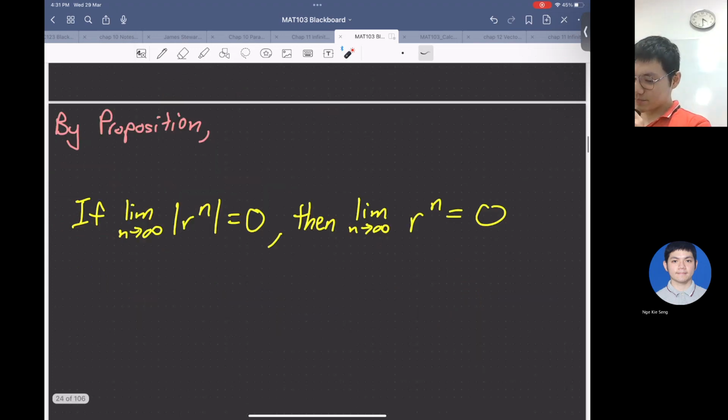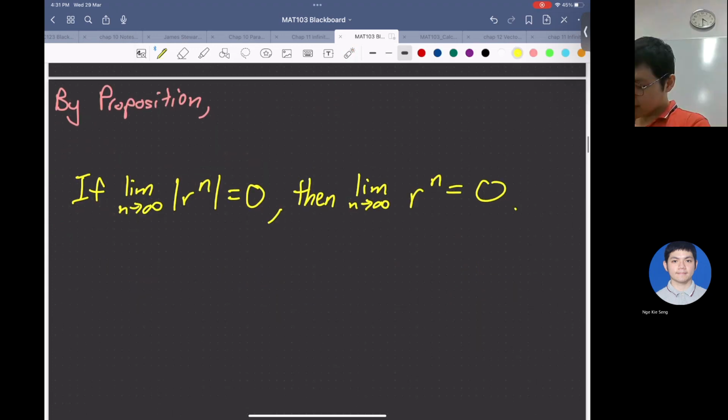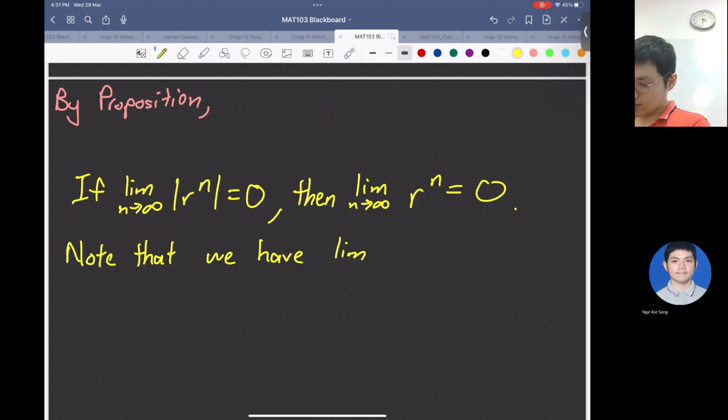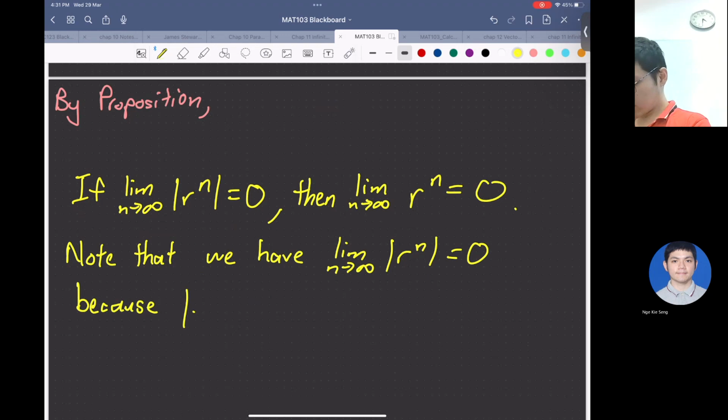Okay, let me write down. We have the limit as n goes to infinity of R^n is equal to 0, because this one lies between 0 and 1.